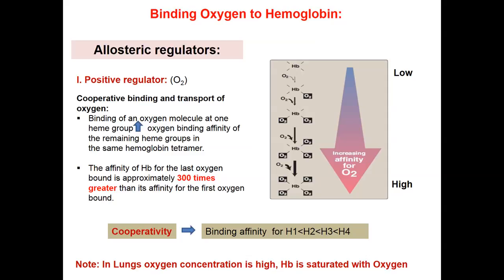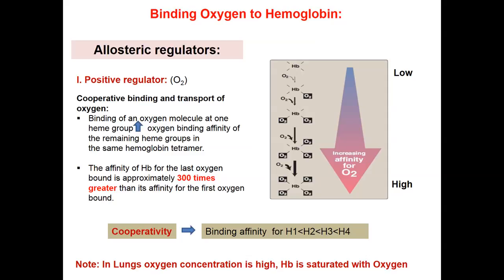So as you look at it, the binding of oxygen to the first subunit, the first heme in the hemoglobin, and the binding of the last one, the fourth one, is 300 times faster than the binding of the first one. So you can imagine the binding affinity increases as more oxygen binds to hemoglobin.